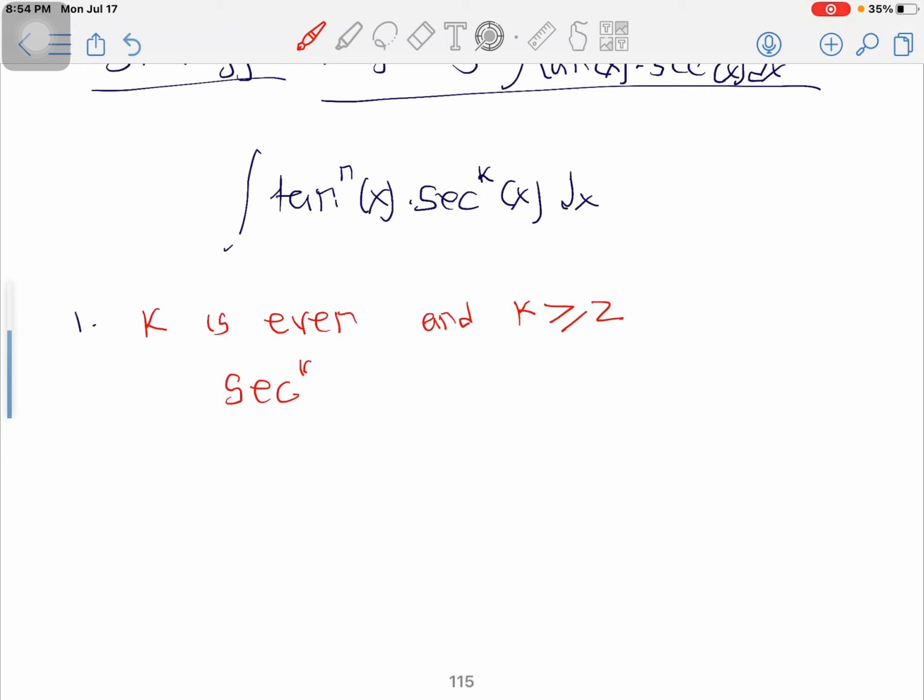You can rewrite the question which has been given to you as sec to the power k of x, which is equal to sec to the power k minus 2 of x times sec square of x. When you do this, there's something that you can do here, and we are not doing this just for the sake of it.